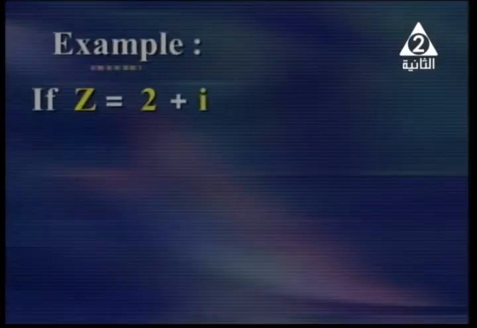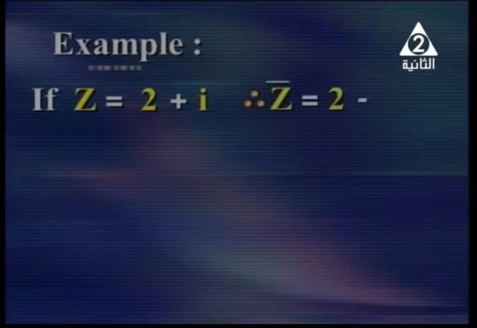If we multiply z times its conjugate, it is also a real number. Look at the example. If we have z equals 2 plus i, then what is z bar, its conjugate? It equals 2 minus i.